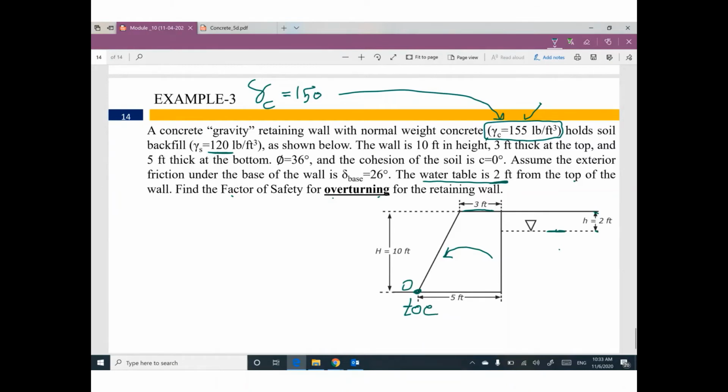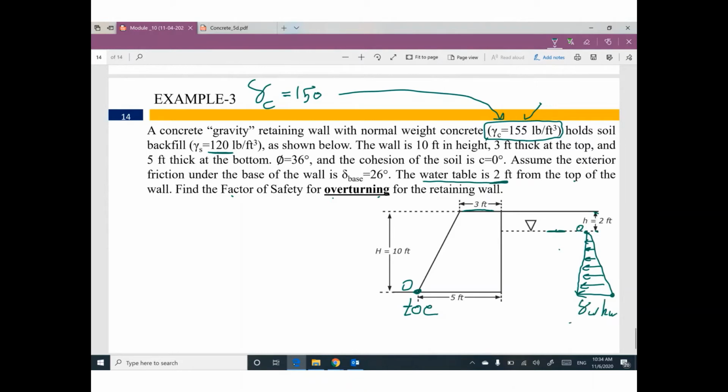That makes sense. First step, we need to figure out the lateral pressure. We have water, yes. So from this surface of water, we have a triangle. This triangle will cause lateral pressure. At the top, at the water surface, is 0 pressure. At the bottom, we have gamma water times H water.